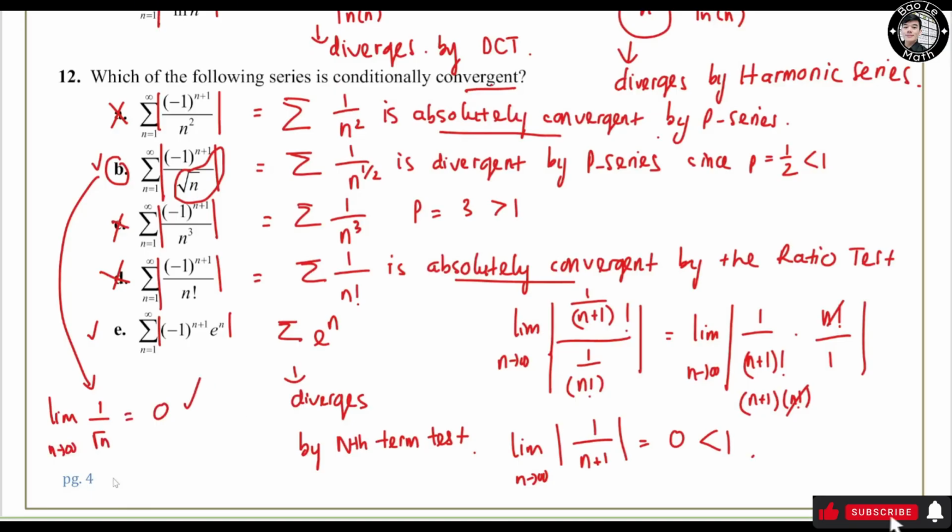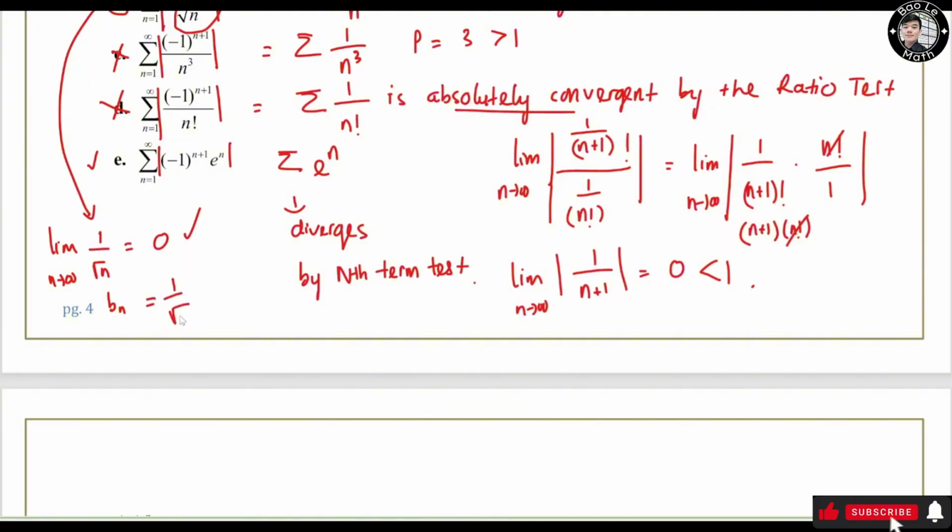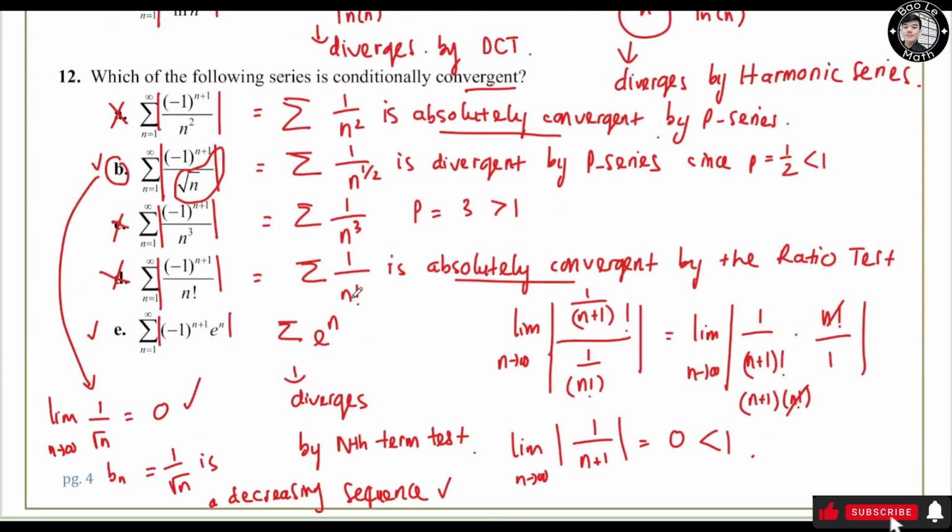That's correct. And you know that b sub n equals 1 over square root of n is a decreasing sequence, because when n gets bigger and bigger, this sequence gets smaller and smaller. So two conditions are met, then this series converges. The answer must be B.